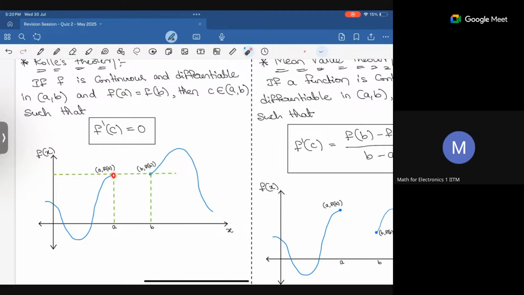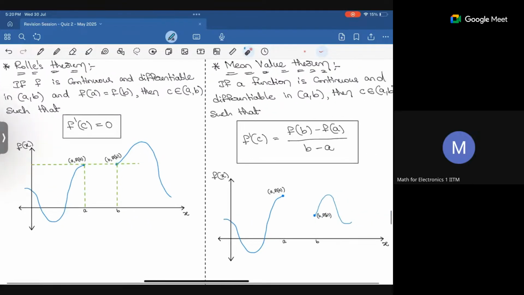You are at f of a, and if I move up, I should come back to that same value. If I move down, I should again grow back to get the same value. So there will always be a turning point, a local maximum or local minimum. That is what Rolle's theorem states.